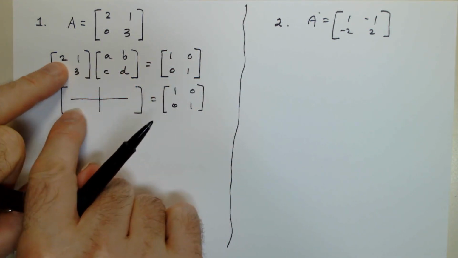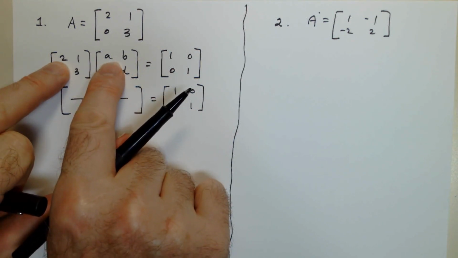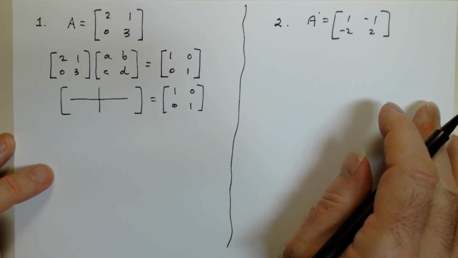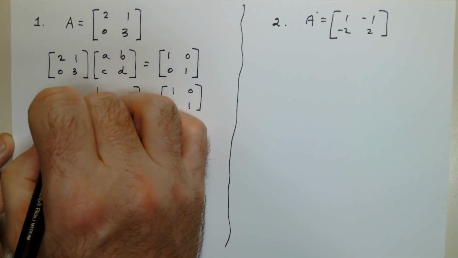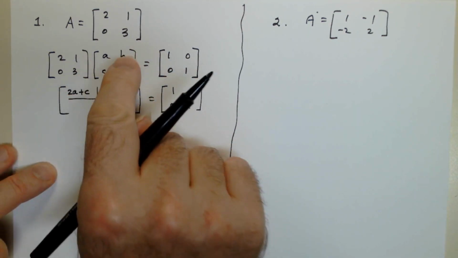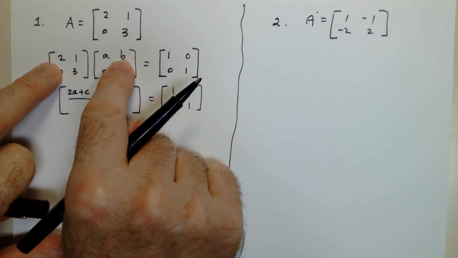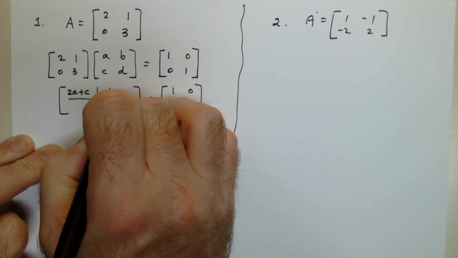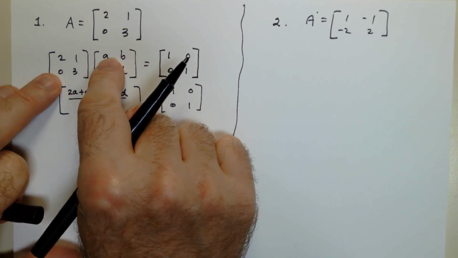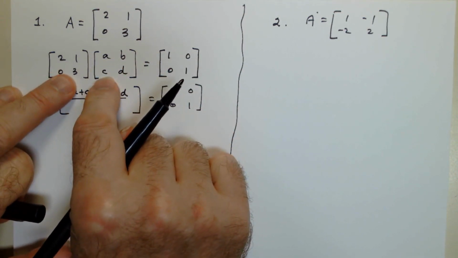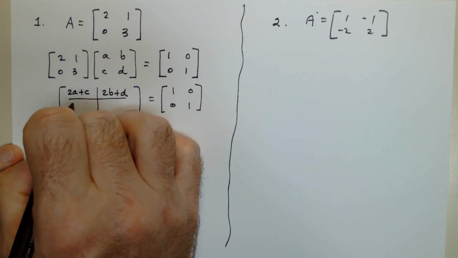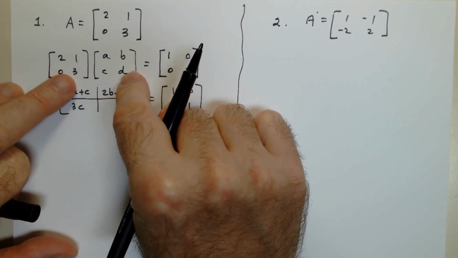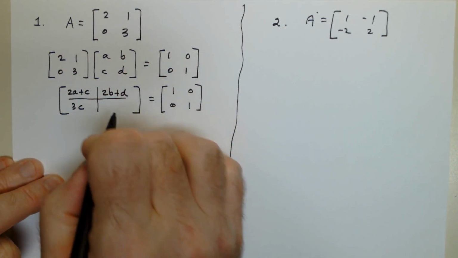So the first entry, the 1, 1 entry will be 2A plus C. And then in this first row, second column, 2B plus D. 0 plus 3C. And then finally, 0 plus 3D.